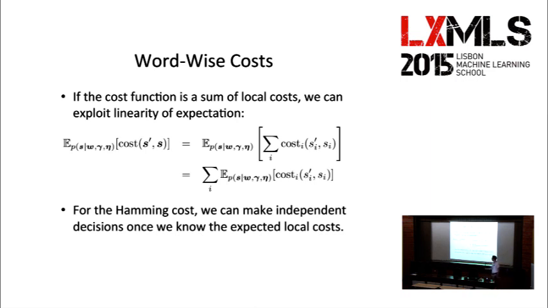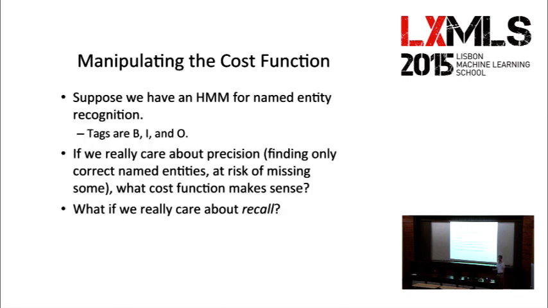So now we've opened up the possibility of yet another thing we can change in our little modeling world, which is when we make predictions, how are we going to get charged for different costs? So let's go back to the problem of named entity recognition, for example. Remember that in named entity recognition, we represent the outputs using B, I, and O tags to show us where the beginnings and insides of different kinds of named entity mentions are. One of the things that you can do when you solve this kind of problem is you can trade precision for recall.